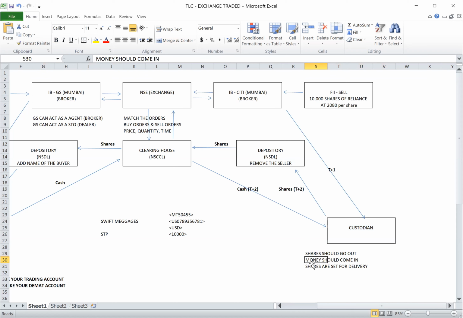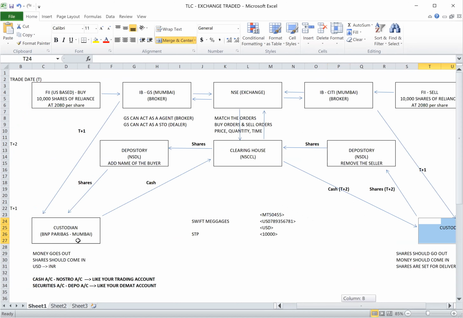Are we clear with this case? Happening on T+1. So here the custodian would make sure that on T+1, when he gets this information, he is set for delivery of shares. He is set to transfer the shares.